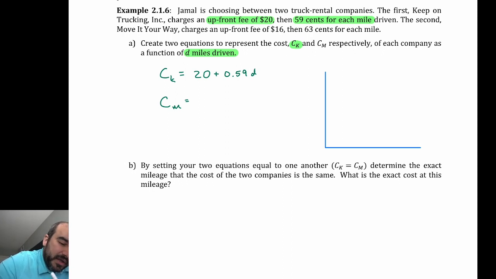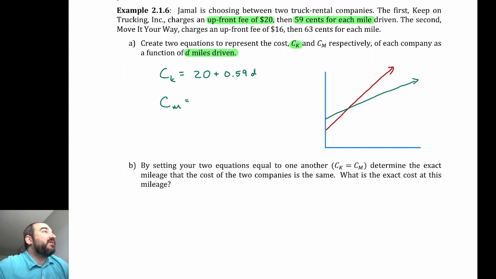Where one company, I'm not going to do accurate drawings here, but one company will start at a certain point and go up at a certain rate, right? And then another company starts at a higher starting point, but then goes at a flatter increase, right? So you'll have something like this in the real world situation where the upfront costs are different, which if you look, one of them you pay $20 up front, the other one you pay 16, right?